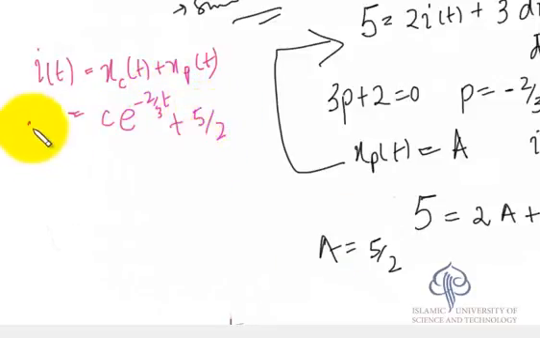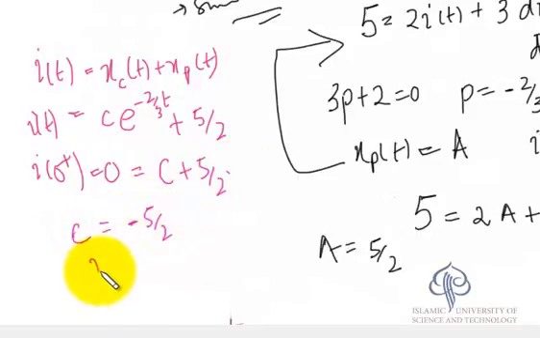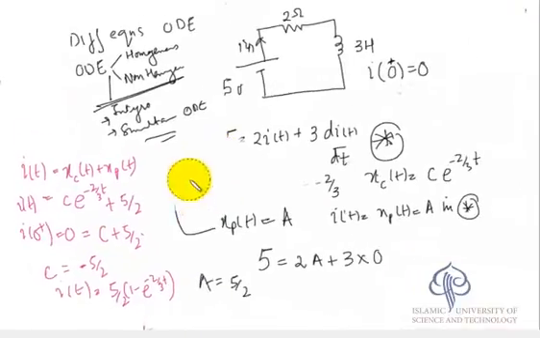And then you put in your initial condition, which is i(0+) is 0, which means that c plus 5 by 2 is 0, which gives you c is equal to minus 5 by 2, and this gives you i(t) is equal to 5 by 2 times 1 minus e to the power minus 2 by 3 t. So this tells you how the current in the inductor is going to change with respect to time, right?